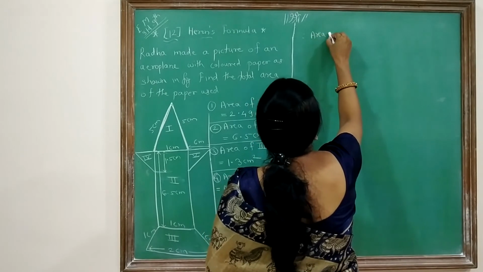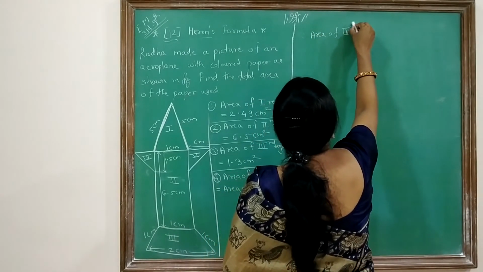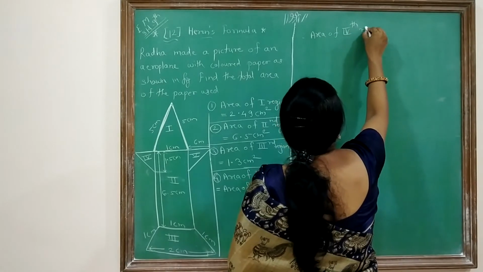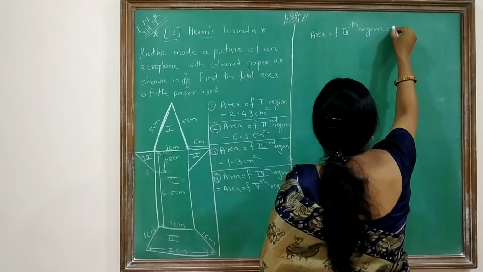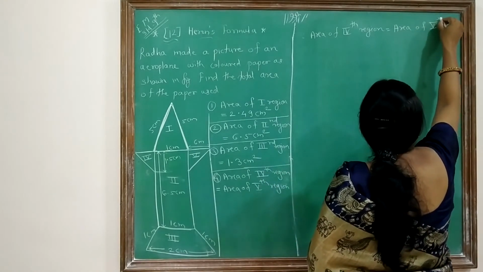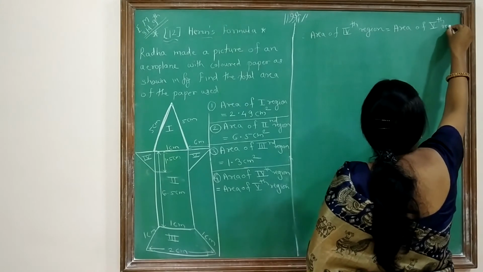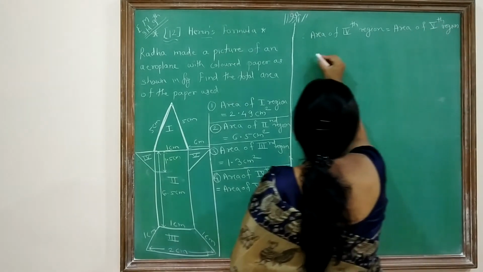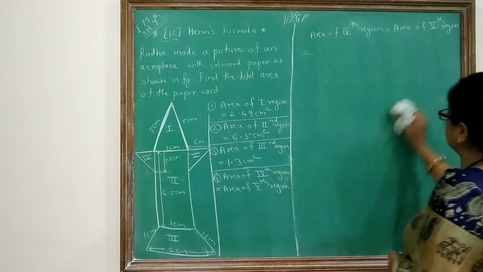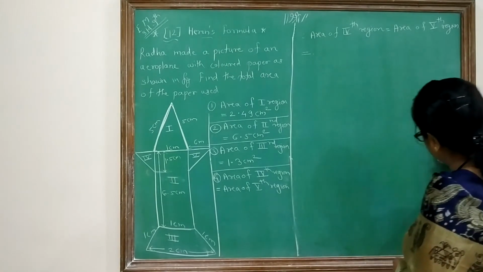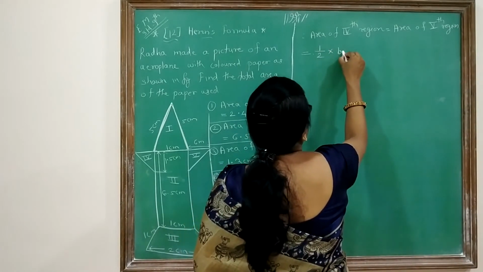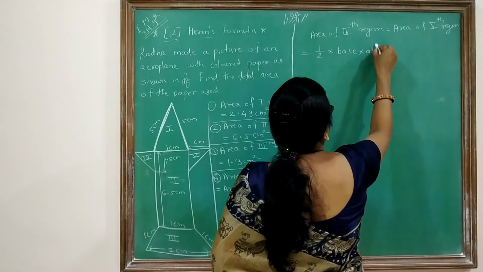Area of fifth region equal to, first you will write its formula, that is 1/2 into base into altitude.